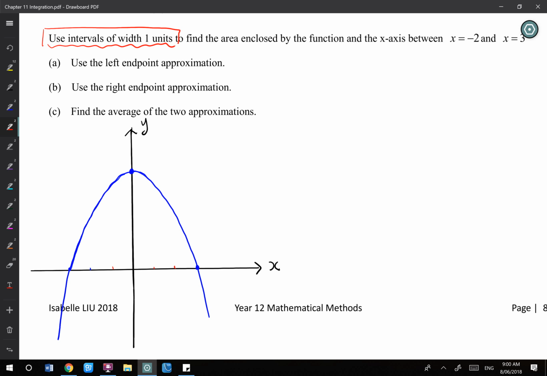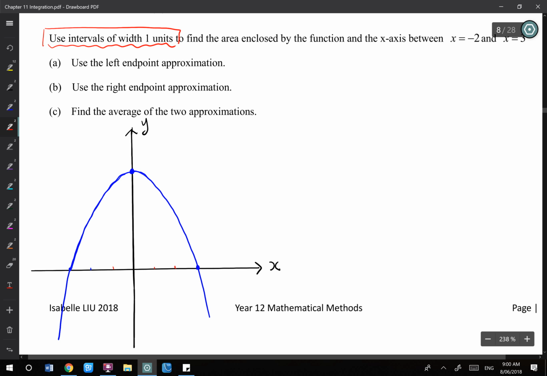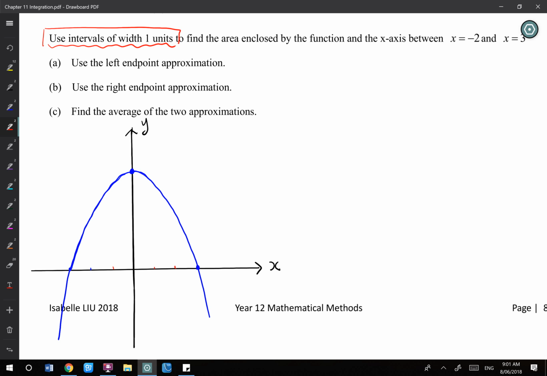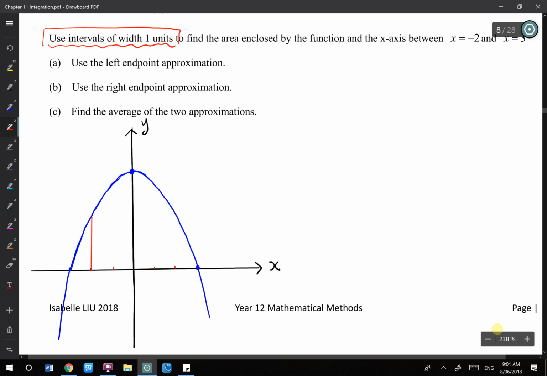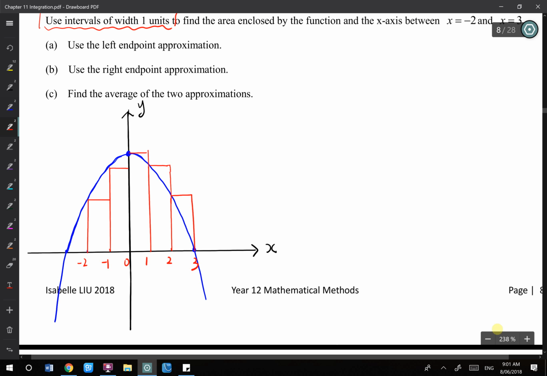Be careful with that. My left-hand side approximation.